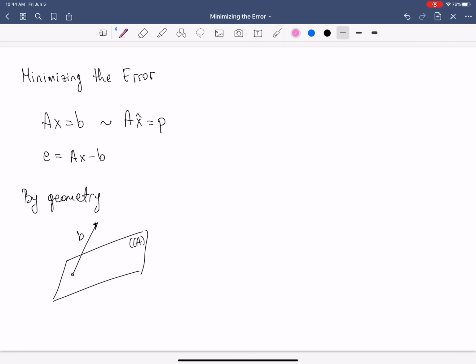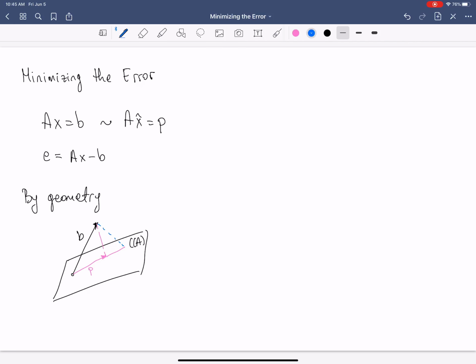If you take the point that is the orthogonal projection, then this error will be minimal. If you take anything else, the error is bigger. This is essentially the height of a triangle, if you like.